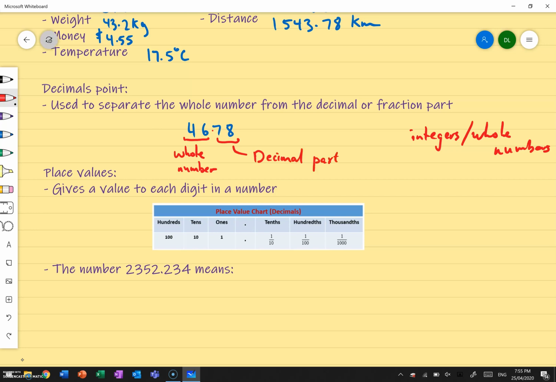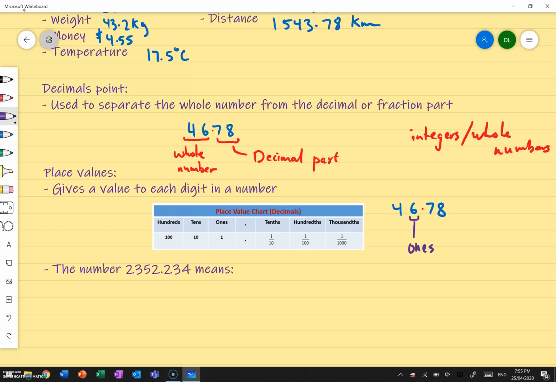Great. So we did a lot of place value in term 1, and a lot of you might remember place value from primary school. But just for those of you who don't really remember it much, we'll do a quick recap. Place value gives a value to each digit in a number. So going back to our example of 46.78, I know that this place right here, that's a 1, sorry.